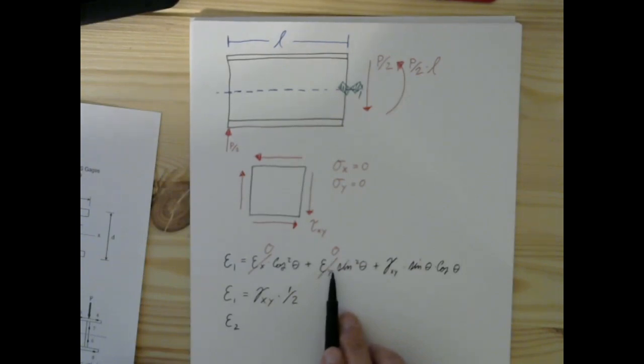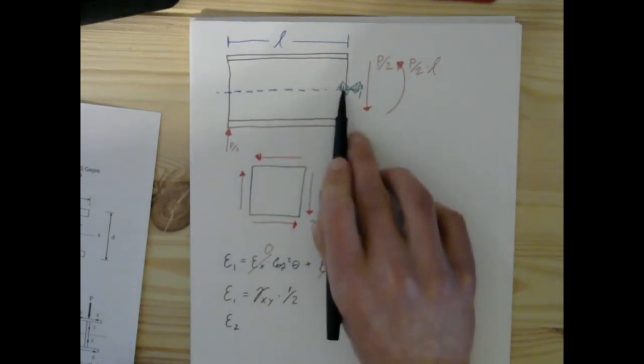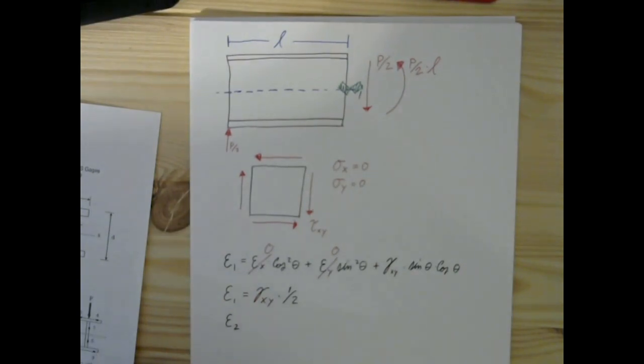But we will have negative 45 degrees for this second strain gauge, which means that the cosine will remain positive, but the sine will become negative, which means that this is going to be negative 1/2 the shear strain.